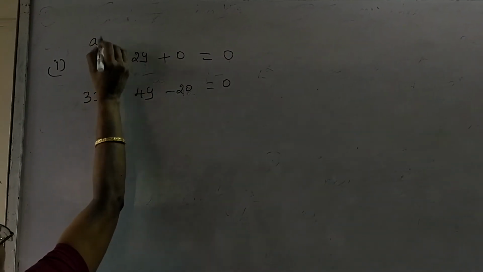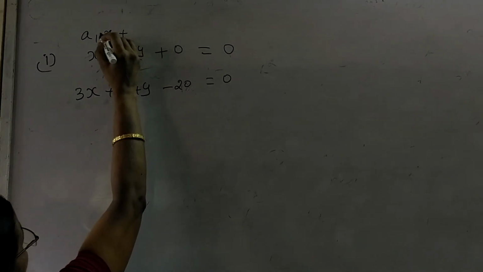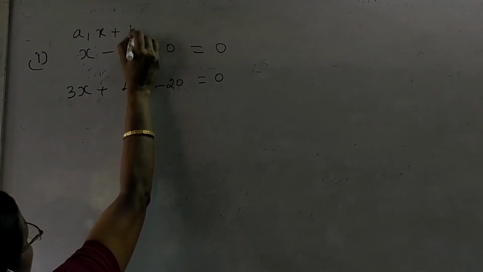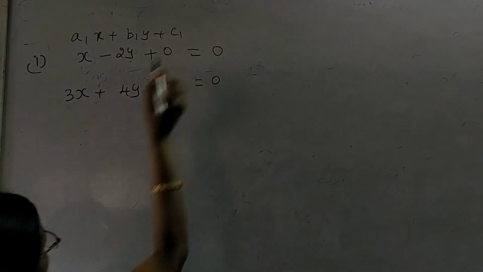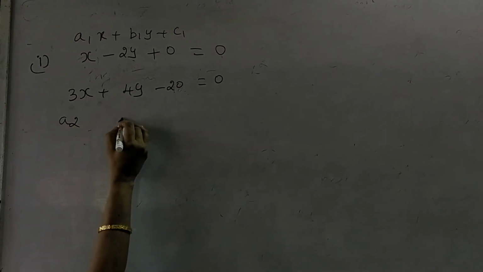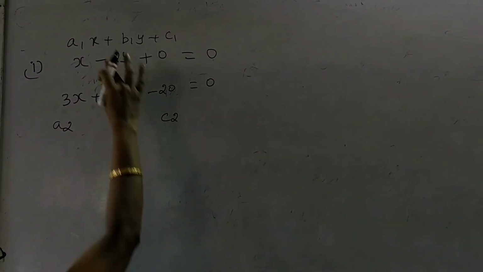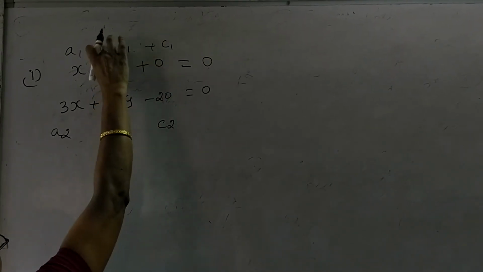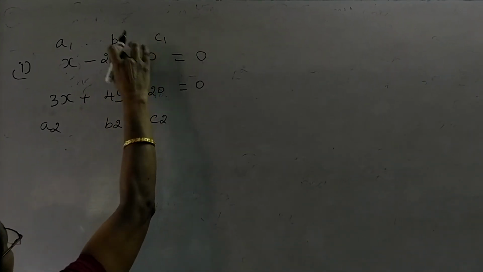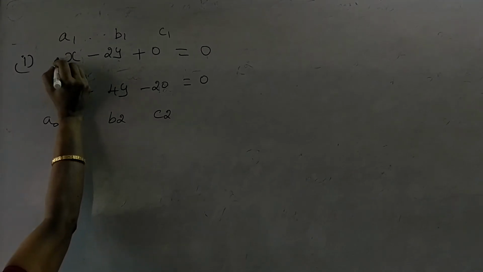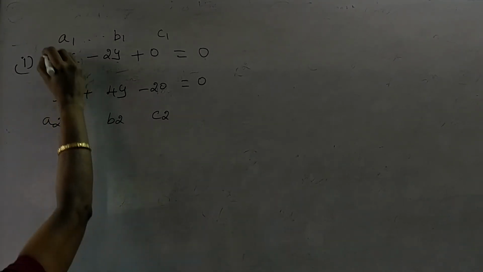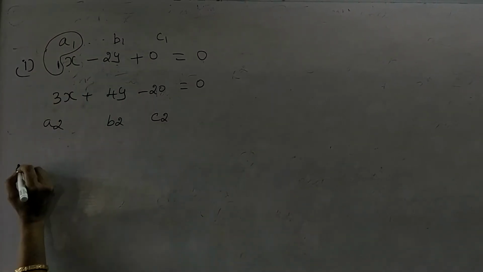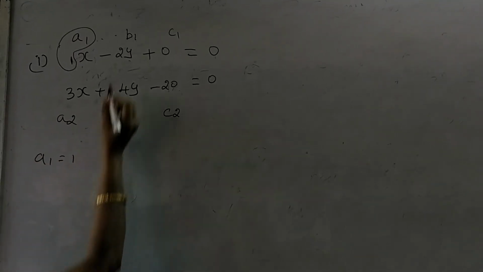We remember the standard form of the pair of equations: a1x plus b1y plus c1 equal to 0, a2x plus b2y plus c2 equal to 0. So, when you compare, we can find out the values of a1, b1 and c1. Here there is no number before x, therefore I write 1. So a1 is equal to 1.